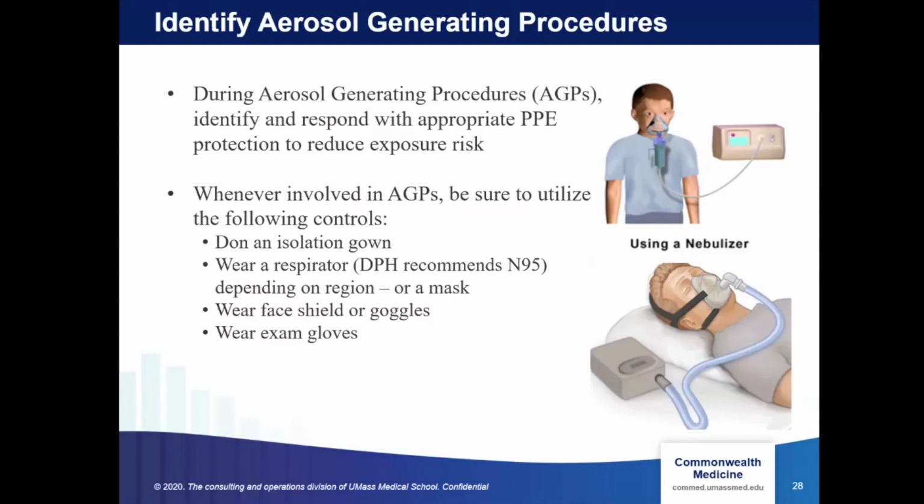Wear a respirator, and DPH does recommend an N95 when you're doing this type of procedure. Or a mask. If you don't have an N95, you can use a surgical mask. Wear a face shield or safety goggles so it doesn't get into your eyes. You could actually get the virus into the membranes of your eyes and get infected. Make sure you wear exam gloves and wash your hands after removing those gloves.